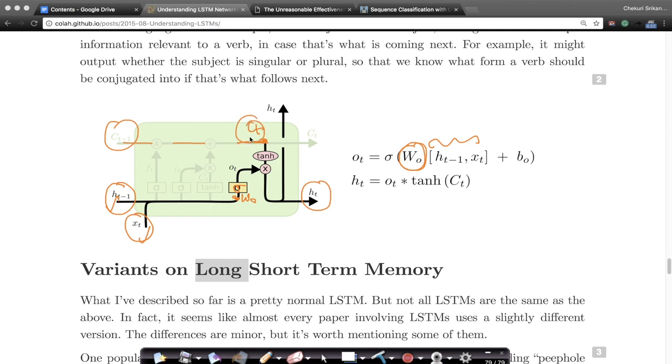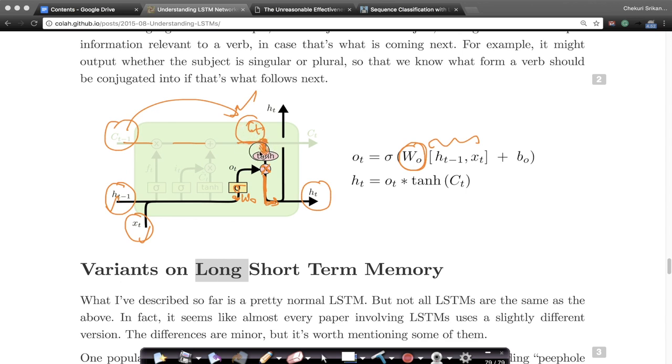Modified, your current cell state literally, not your previous cell state, because your previous cell state has already been modified here. So what are you literally doing here? Your HT, which is the output here, is the point-wise multiplication of the tanh of CT. You're taking your CT and doing a tanh of this.